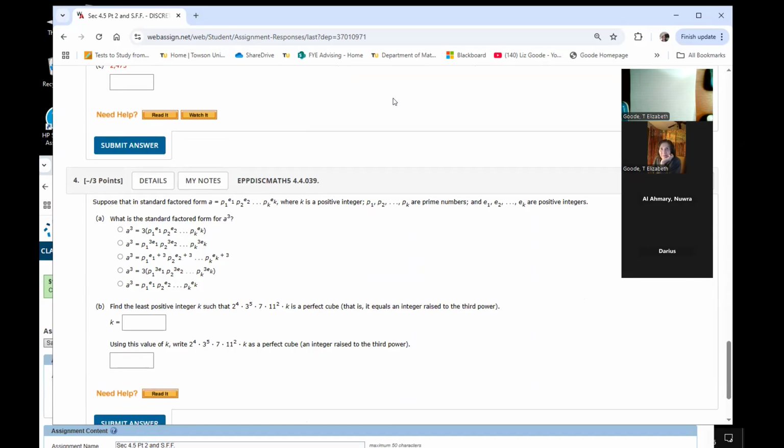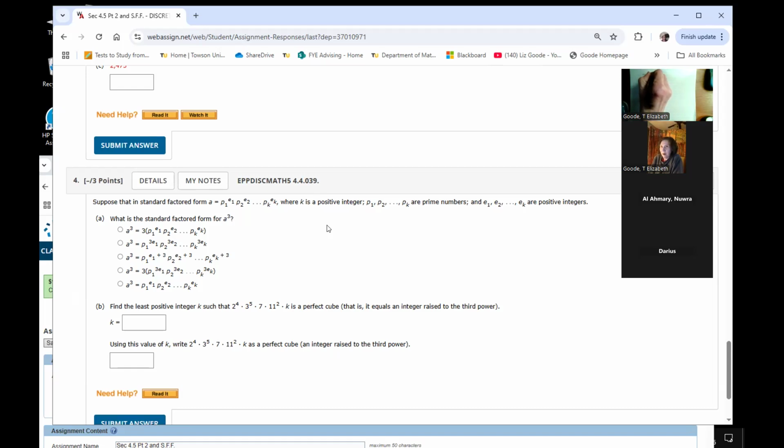Yes, I understood the first part, A, where we find the formula, the standard factored form. But maybe I missed this in the book, for the least positive integer k. All right. So I'm going to write down a couple of things.